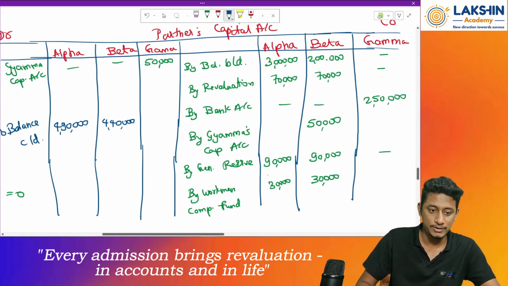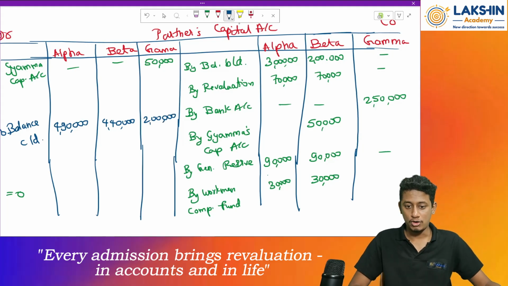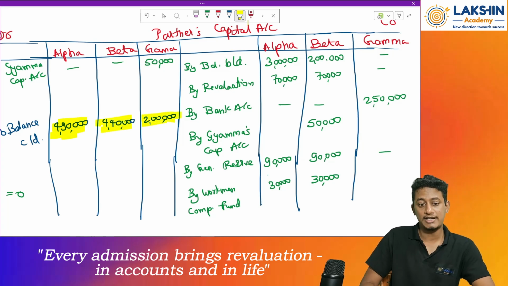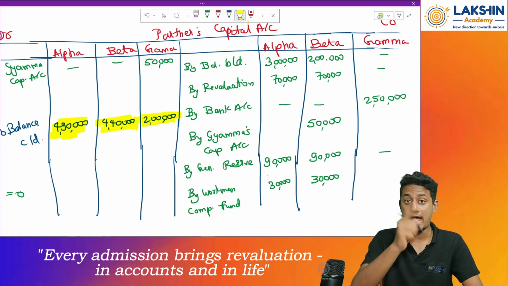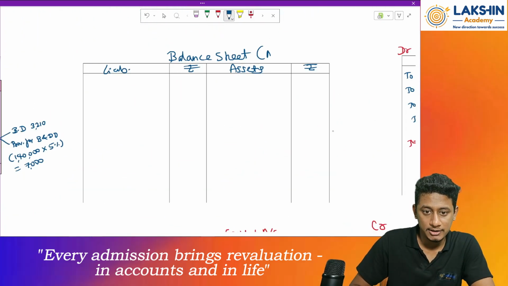It will be rupees 2 lakh. Now what to prepare? We will prepare the balance sheet. Before that I will just mark the values that this will be taken to where? These values will be taken to the balance sheet on the liability side in under what? Under capital account. Now, so now let us prepare the balance sheet after what? After admission.